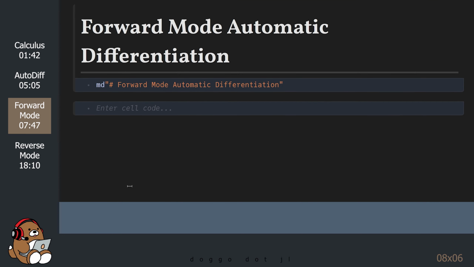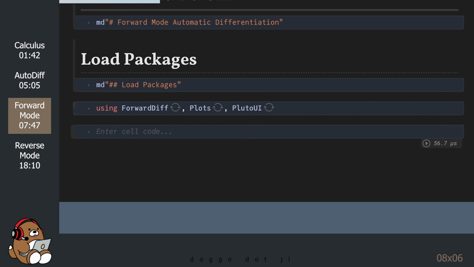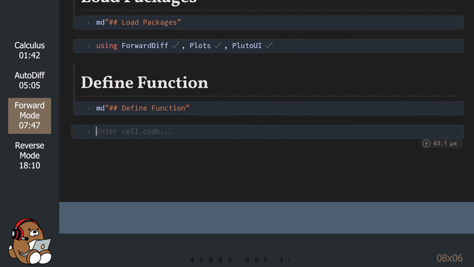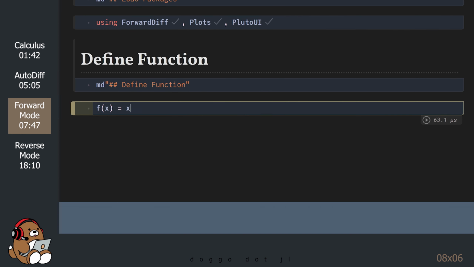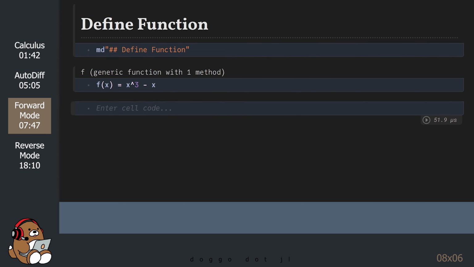Let's start by adding the ForwardDiff package, as well as Plots and PlutoUI. Let's define a generic function to use as an example. For the variable x, let's use a slider.